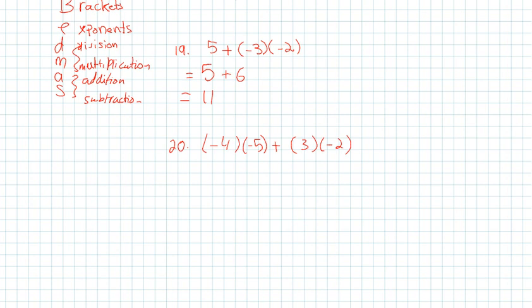Multiply this and this first. That's right. So I have to multiply the negative 4 by the negative 5. What do I get? Positive 20. You don't have to include that positive.